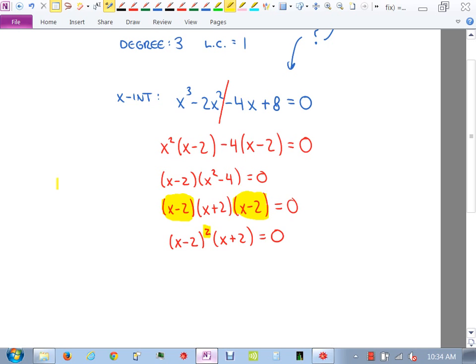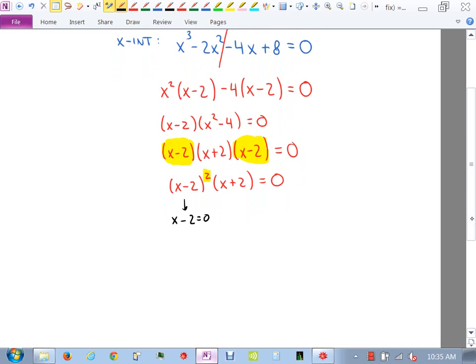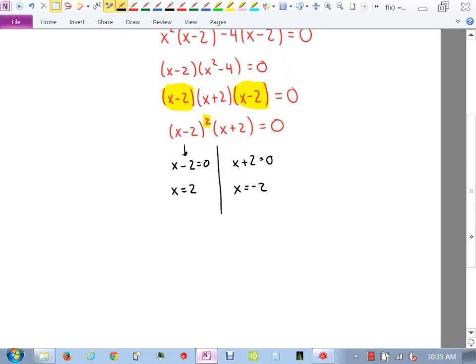See it? Now set them equal to 0. X minus 2 equals 0. X plus 2 equals 0. So you get 2 and -2. And tell me what's going to happen at each one as far as bouncing and crossing is concerned.